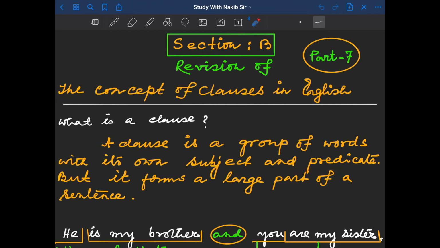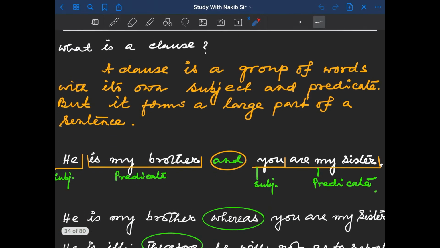A clause is a group of words with its own subject and its own predicate, but it forms a large part of a sentence. Okay, now see the example.